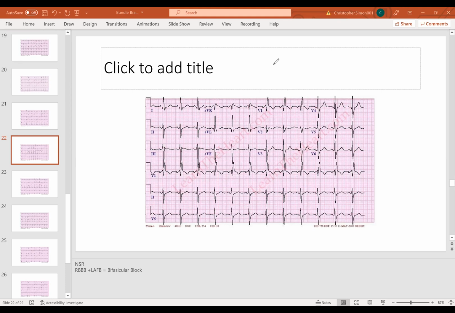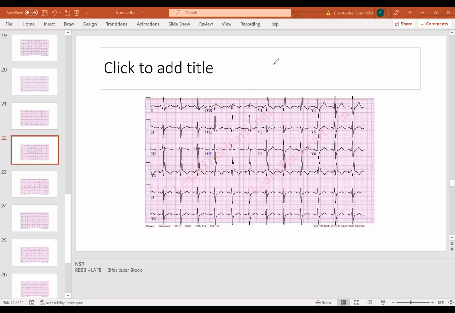So in this particular case, this patient has a bifascicular block. Well, what is a bifascicular block? It's either going to be a right bundle branch block plus a left anterior fascicle, or maybe a right bundle branch block plus a left posterior fascicle. Doesn't matter, but there are two pathways that are blocked here. That's what's going on in a bifascicular block.